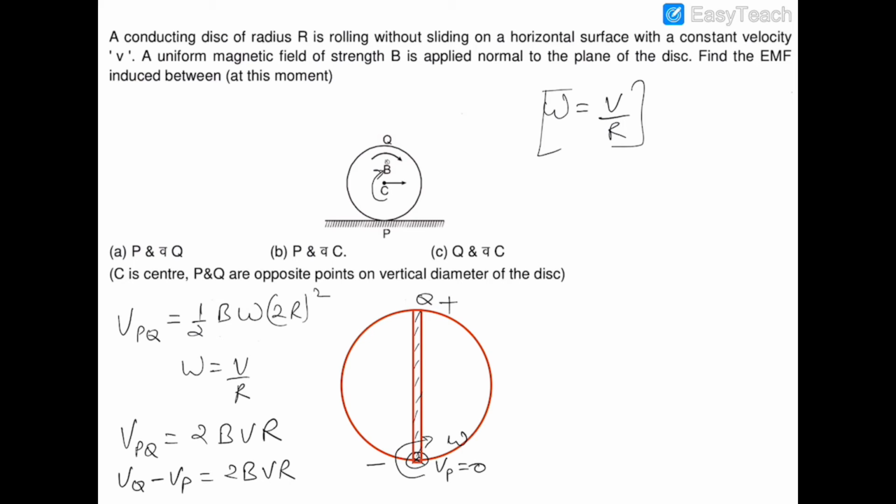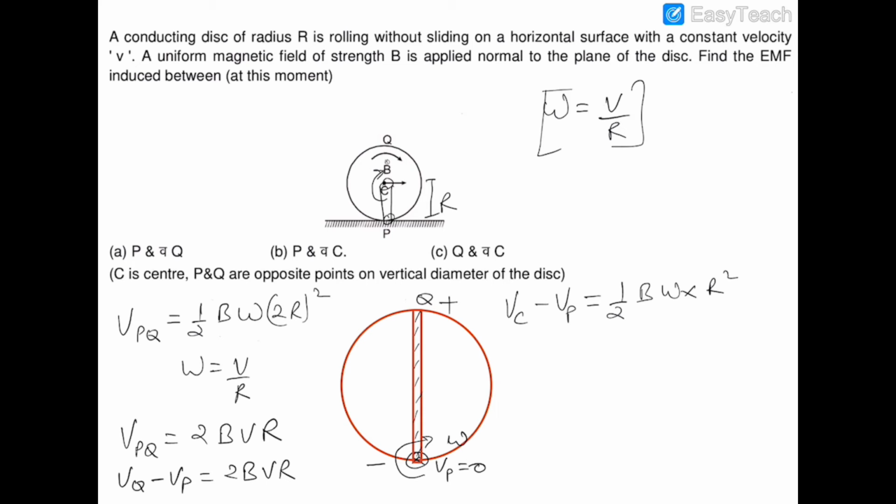Similarly we can find the EMF between C and P. In a similar manner, the potential of C will be greater than the potential of P, and the magnitude of V_C minus V_P will be half B omega r squared, because now the length of the rod is r.